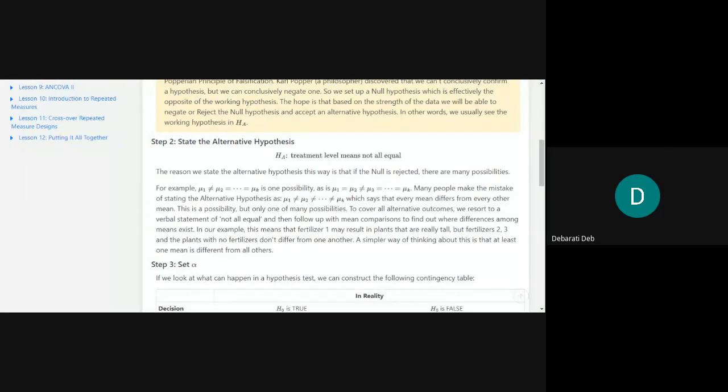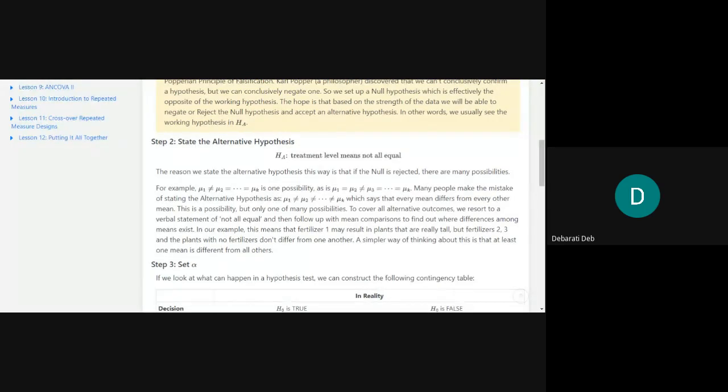Okay. Means are equal, you write in the null hypothesis. Then means are not equal, you will write in the alternative hypothesis. Understood? Why do we state the alternative hypothesis in this way? Because if the null is rejected, then there can be many possibilities.